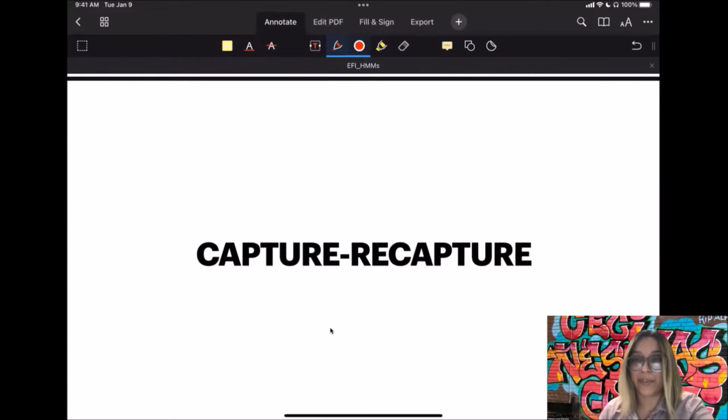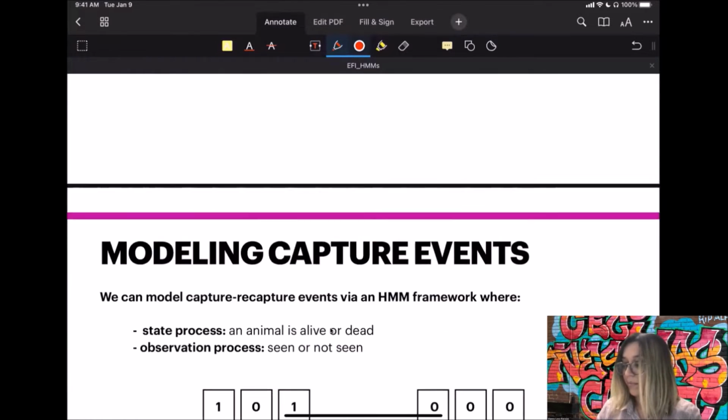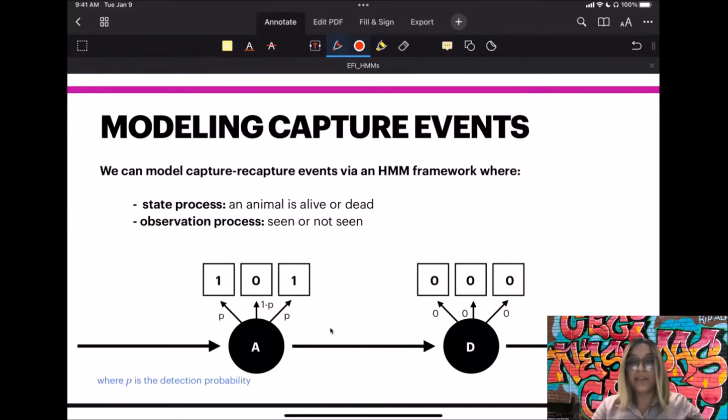Now, on to capture-recapture. When we're modeling capture events, we can do so via an HMM framework, where in the most simple way, we can just say that an animal is either alive or it's dead.